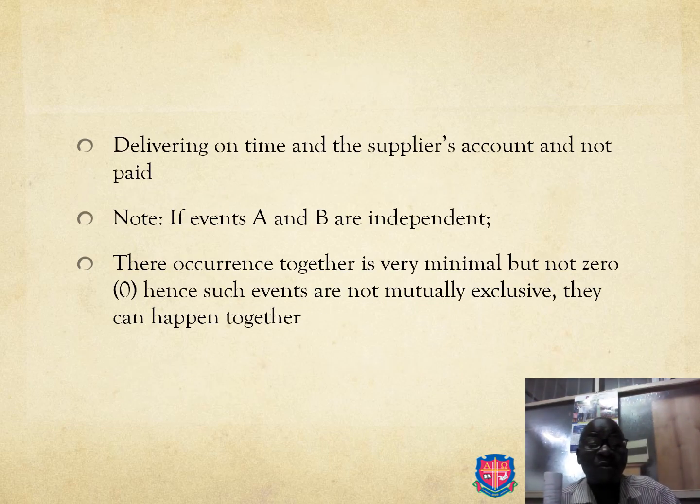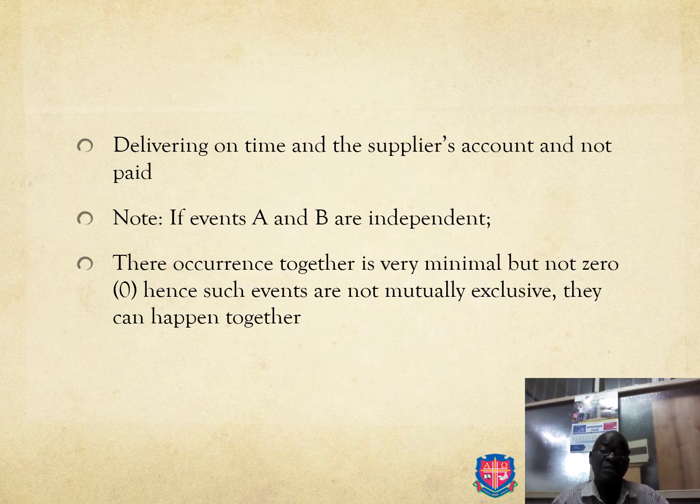Another example: delivering on time by any supplier and the supplier's account not being paid. So delivering on time is a different scenario, and the supplier's account being paid or not paid is another. So these are independent events. That means they can happen together, although their happening together is very minimal, but they are not mutually exclusive.